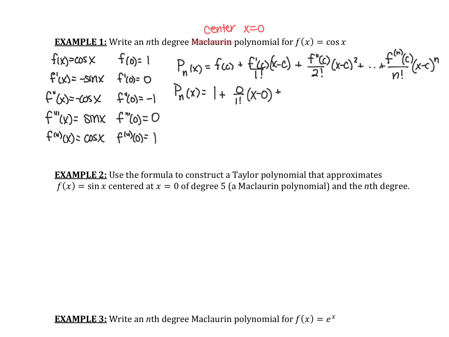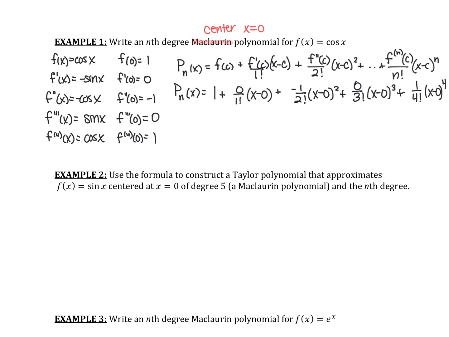Plus f double prime, which was negative 1, over 2 factorial times x minus 0 squared. Plus, let's keep going, my next term was 0 over 3 factorial times x minus 0 to the third. Plus, my last term that I worked on was 1, the derivative was 1, over 4 factorial times x minus 0 to the fourth.